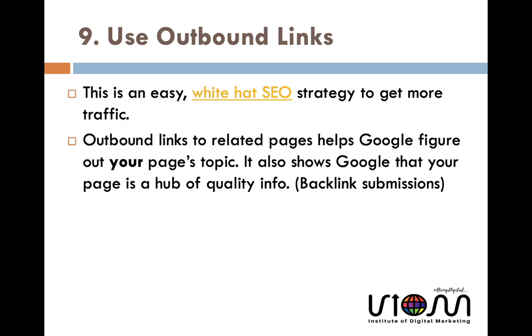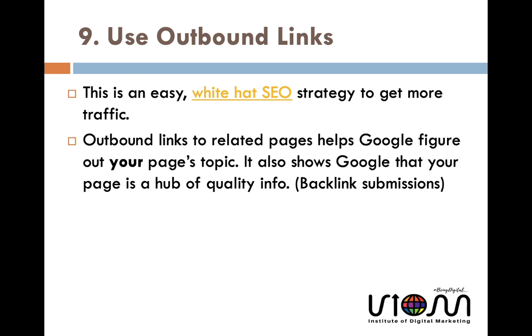Use outbound links. This is an easy white hat SEO strategy to get more traffic. Outbound links to related pages help Google figure out your page's topic. It also shows Google that your page is a hub of quality info. Outbound links are nothing but outside links.